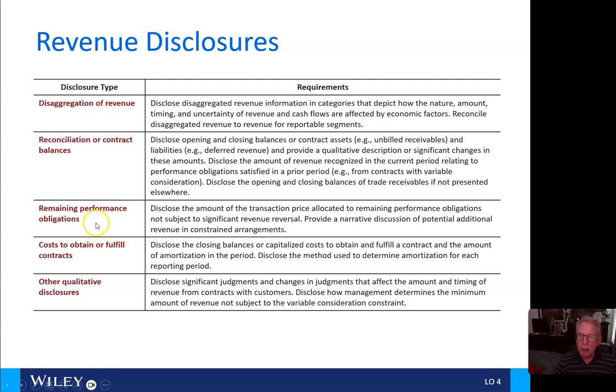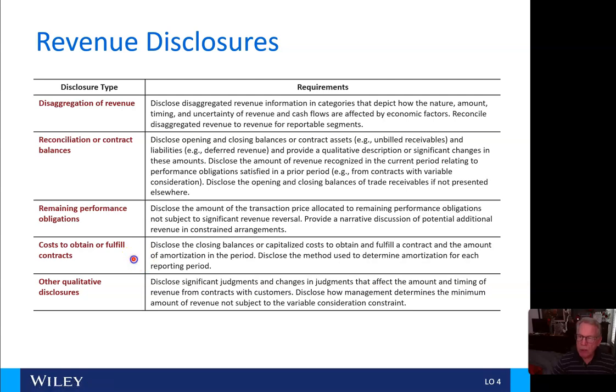For number three, remaining performance obligations, here we'll disclose the amount of the transaction price allocated to the remaining performance obligations not subject to significant revenue reversal, and will provide a narrative discussion of the potential additional revenue in constrained arrangements.